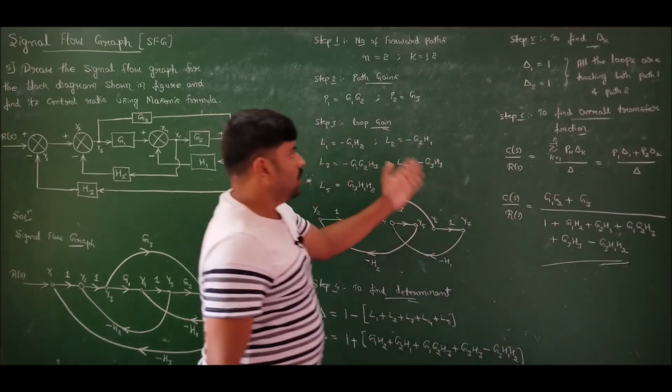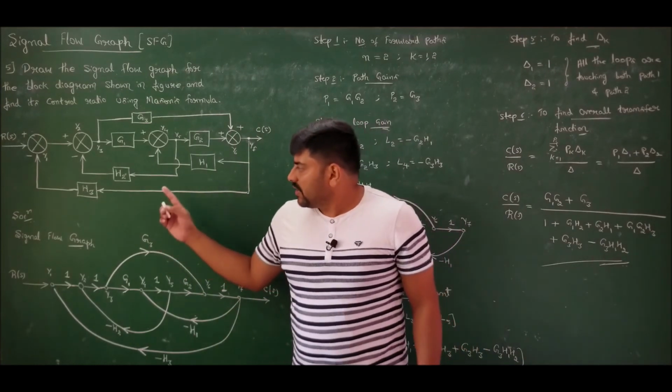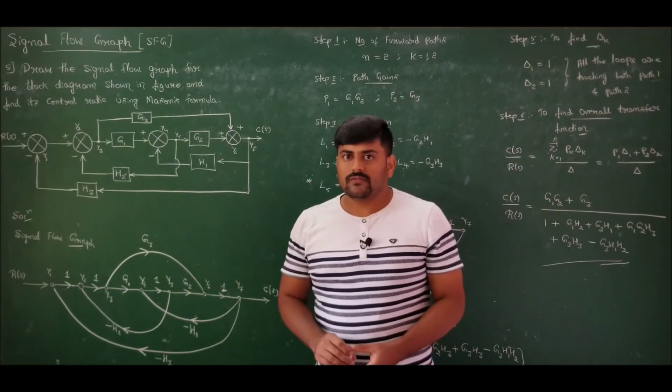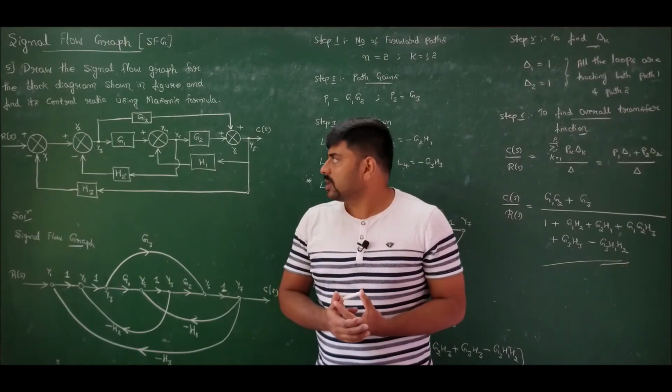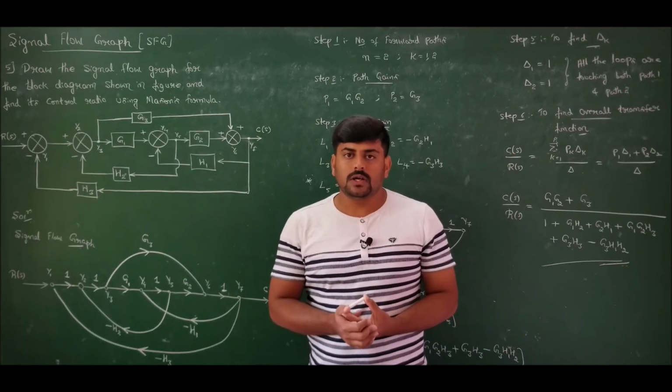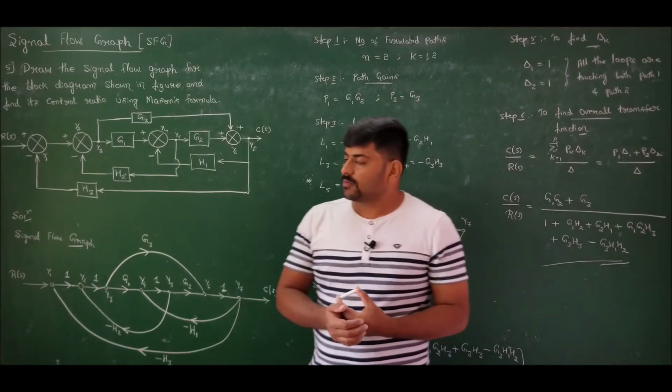So this is the overall transfer function for the given block diagram, which we have converted into an equivalent signal flow graph and solved using Mason's gain formula. This is how we should convert the given block diagram into an equivalent signal flow graph. Once you convert it into an equivalent signal flow graph, you know how to solve using Mason's gain formula.